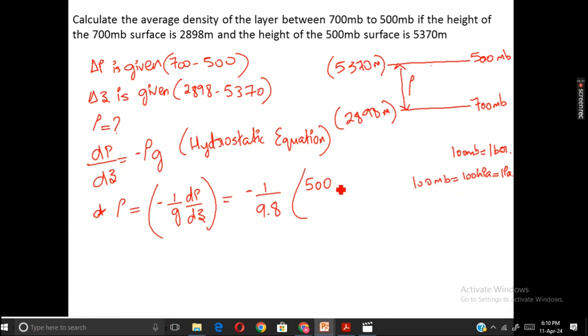So we have to multiply by 100 to get the values in the unit of Pascal.